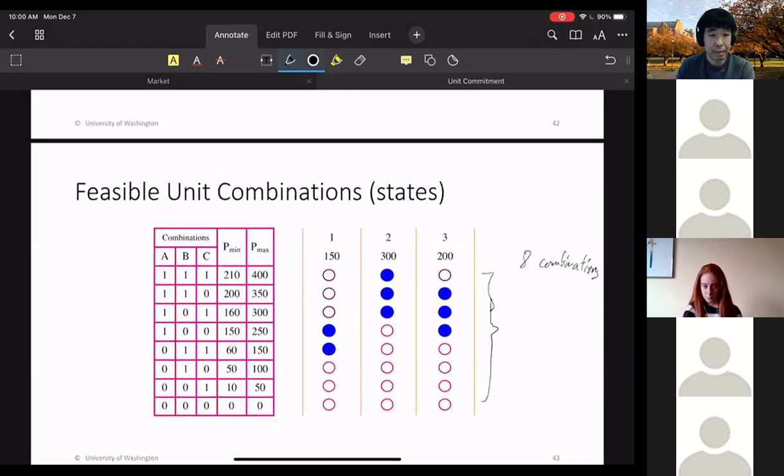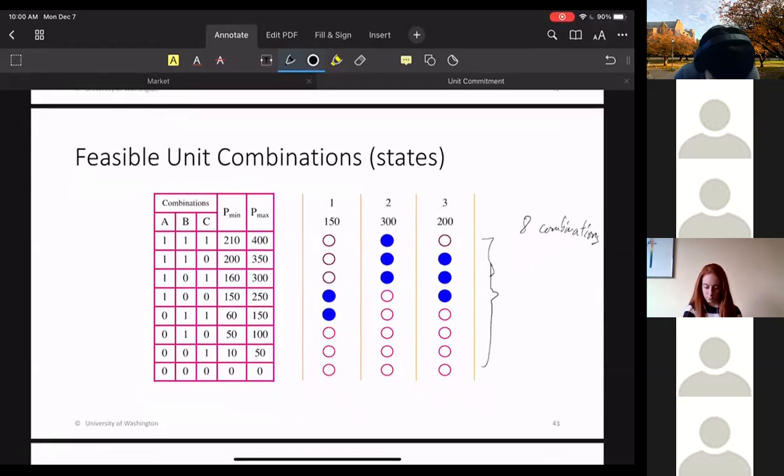All right. So for these 3 time periods and these combinations, the blue dots are the feasible ones. Here we have not enough generation. If you look at the combination, for example, 0, 1, 0, the maximum generation is only 100, but our load is 150.